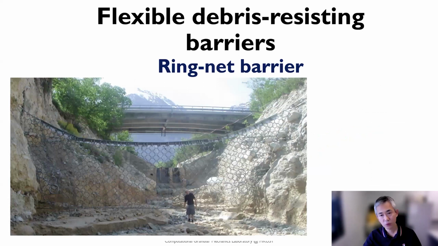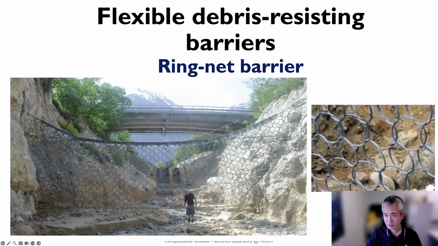As I mentioned, a twist wear barrier is normally only for small scale simulations. But if you want a real larger scale mitigation, then in practice people use this ring net barrier. This is basically an assumed figure of how the rings will be connected to each other in such a strong way, right?